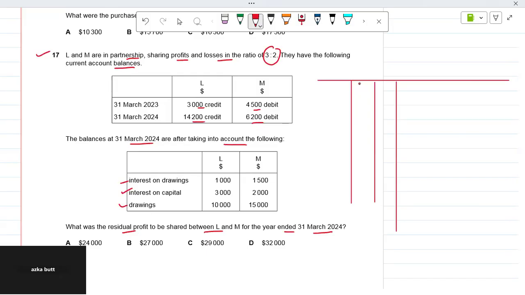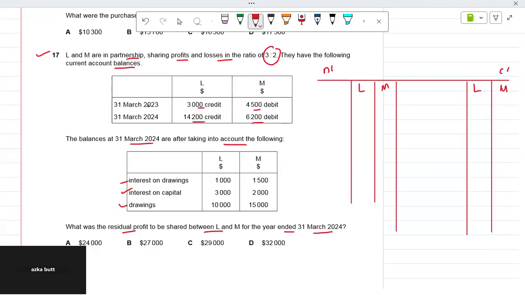This is the column for L and this is the column for M. This is for L and this is for M. This is the credit side, this is the debit side.